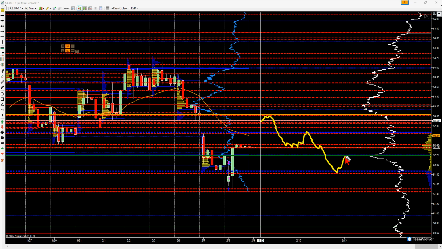I would expect us to somewhat respect yesterday's value area and kind of stay within those parameters, maybe stretch all the way down to yesterday's low. I really don't expect us to get below yesterday's low, so that's going to be hypo 2.